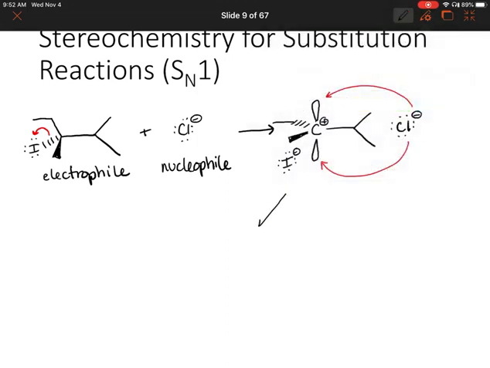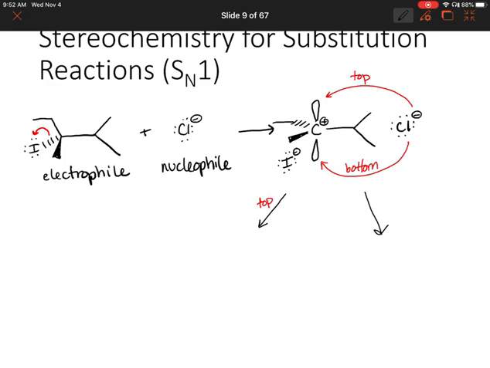Okay, so let's draw the 2 possible products here. Let's see, I'm going to draw, top, bottom. So if chloride attacks from the top, that's going to push the methyl and ethyl groups downward. Because remember, in VSEPR theory, electron groups want to be as far apart from each other as possible.